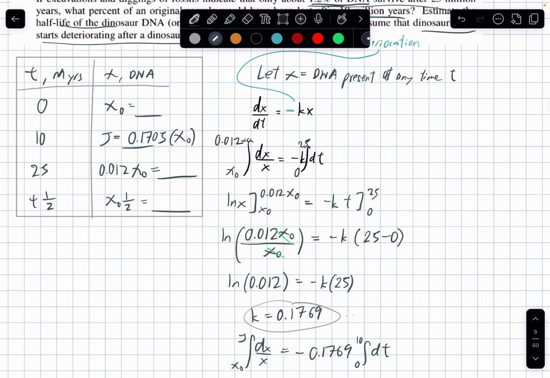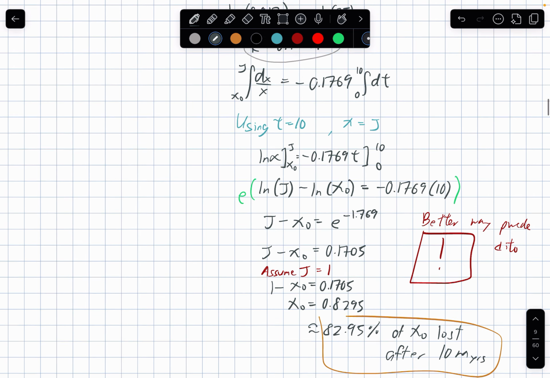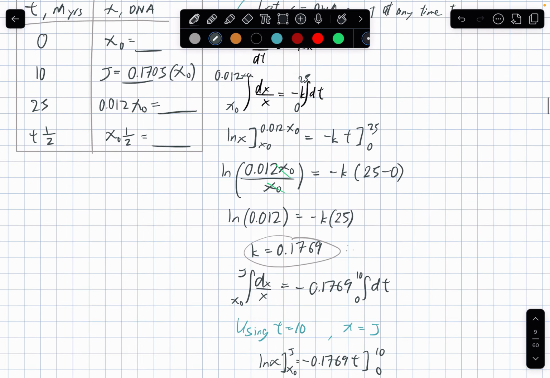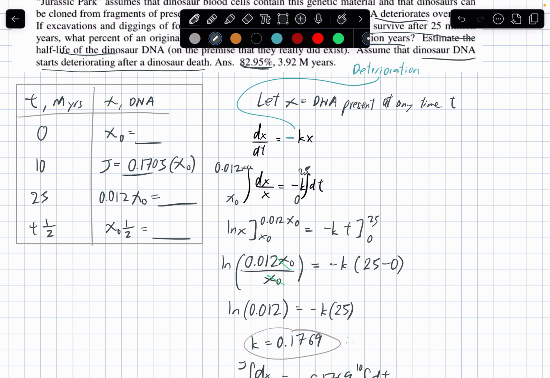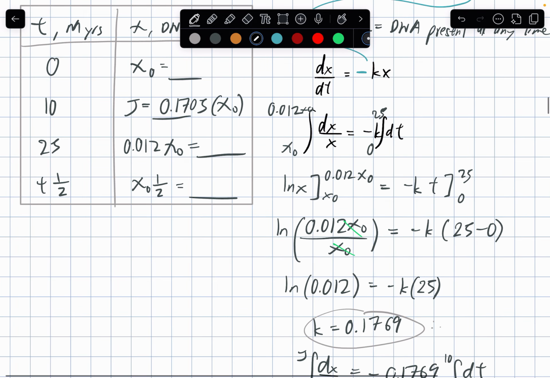What do we do now? 0.1705. I'm gonna try this. There's no guarantee, but let's give it a try.